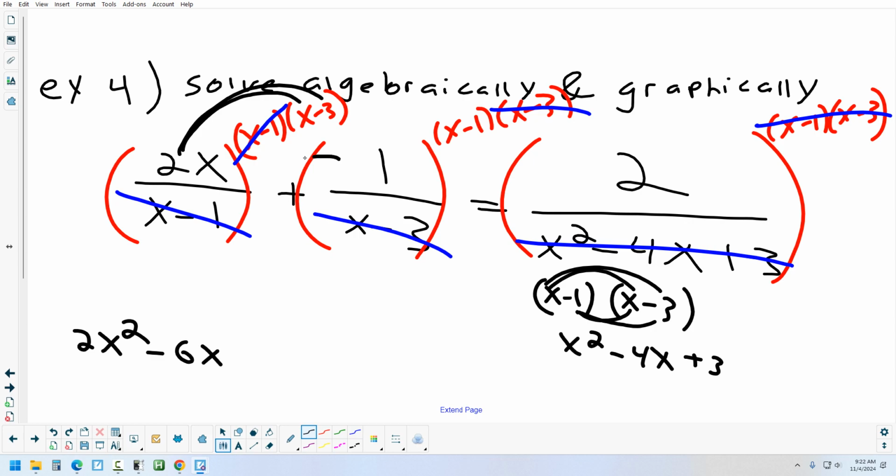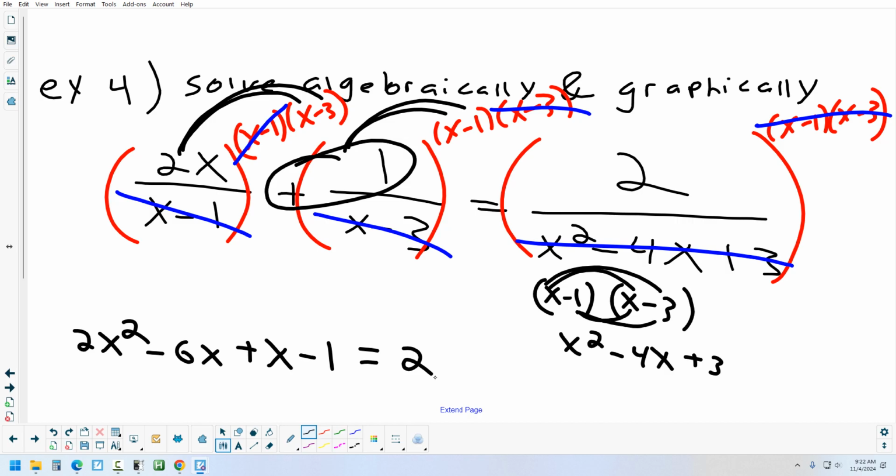You are distributing this. That's positive 1. That positive goes with the 1. So if that was a negative, you'd be distributing negative 1. What's positive 1 times x? X. There's x. And positive 1 times negative 1? Negative 1. And what do we have on the right side? Plus 2. Just a plus 2.